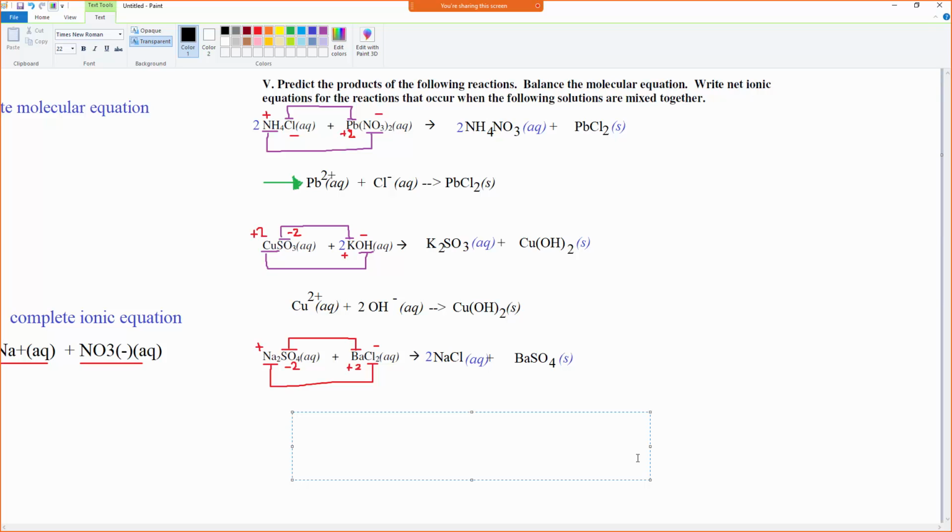Oh, Sarah's already got it here. She says, I take barium with the 2+ charge, which is aqueous. And I'm combining this with sulfate with the 2- charge, which is aqueous.